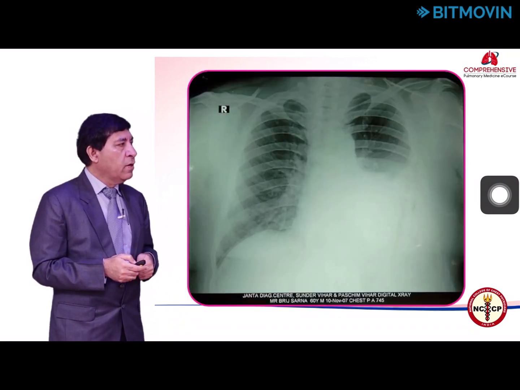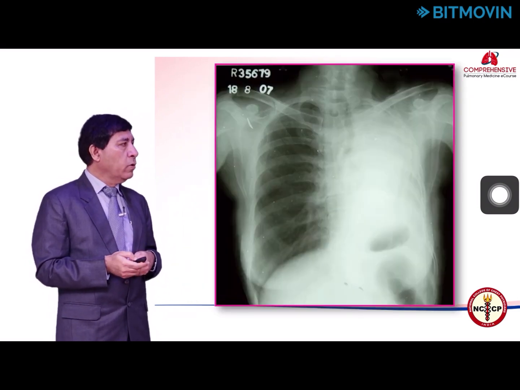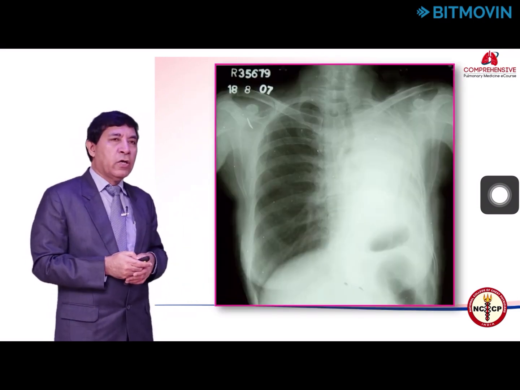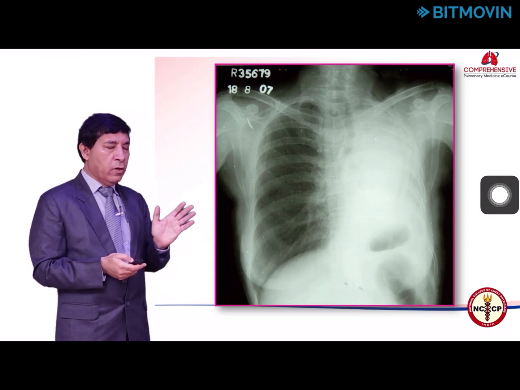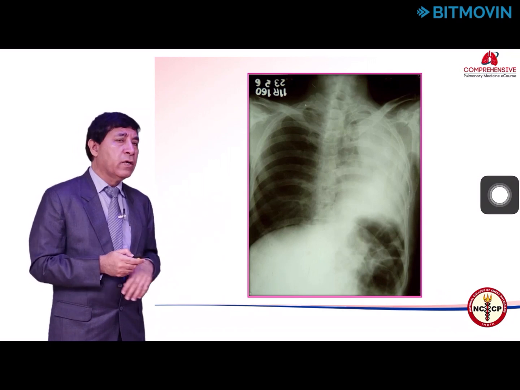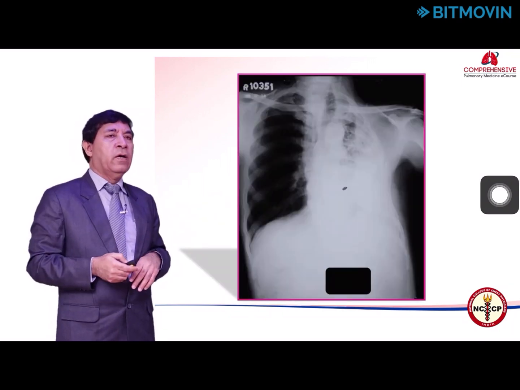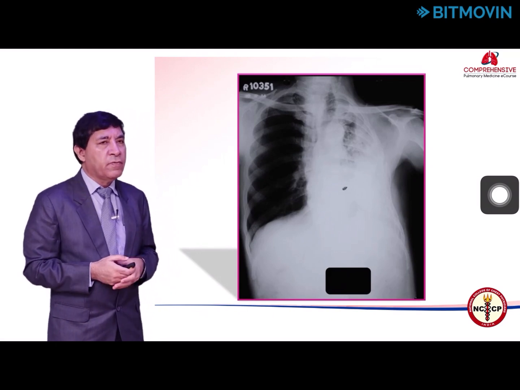So this is a patient with pleural effusion and preserved lung volume. Another case of total lung collapse with volume loss. Another patient with total lung collapse and volume loss, and this is a very typical presentation of a patient with thickened pleura.